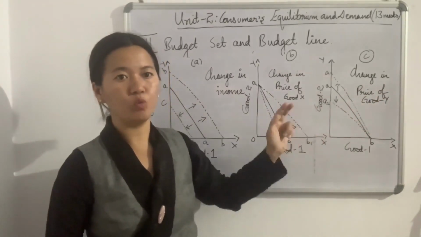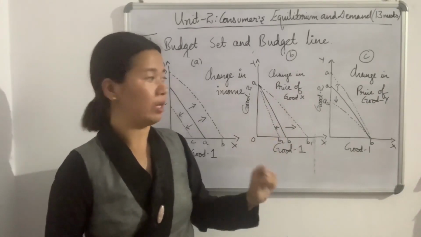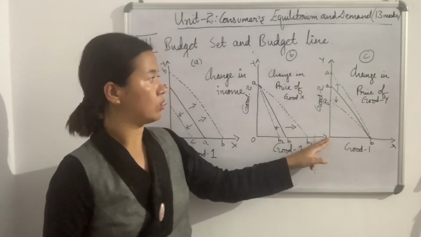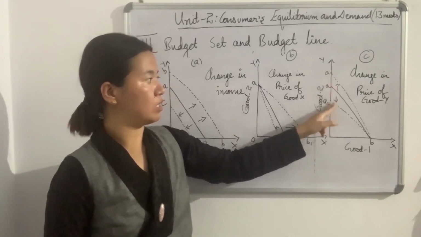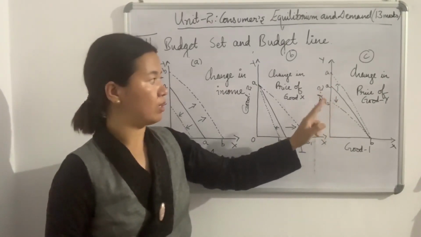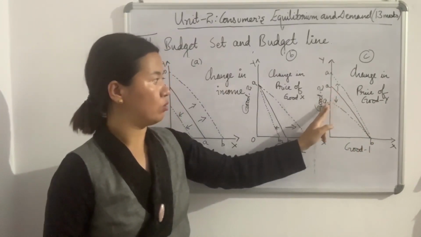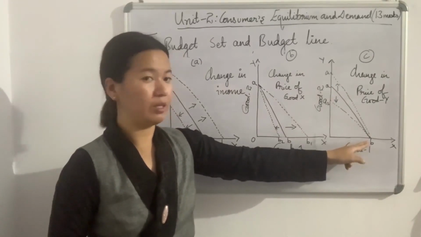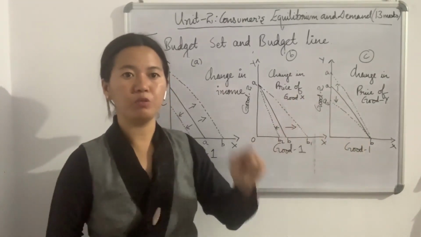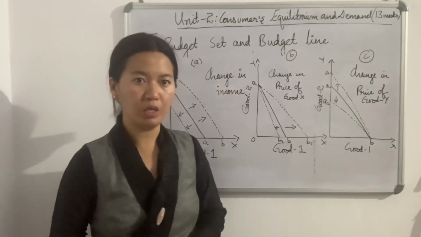When the price of good Y increases, you will be able to buy less of good Y. So therefore, your budget line will rotate downward from AB to AB2, that is, to A2B. That is when you will be able to purchase less because of increase in price of good 2.